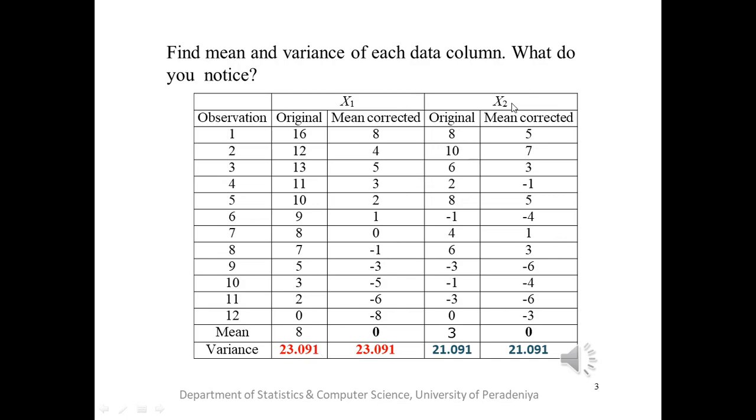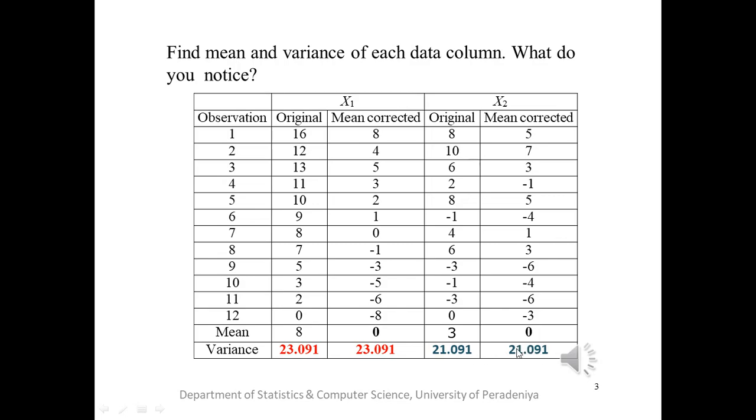Also, the mean of the original x2 variable is 3 and its variance is 21.091. Then, we consider the mean corrected variables. The mean of the mean corrected x1 variable is 0 and its variance is 23.091. The mean of the mean corrected x2 variable is also 0 and its variance is 21.091.